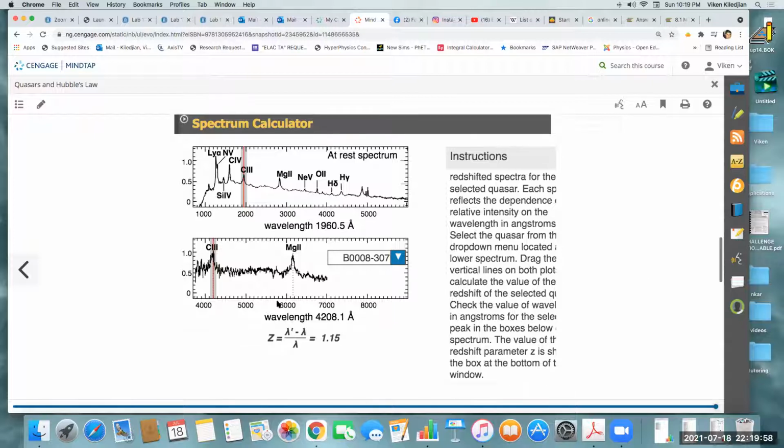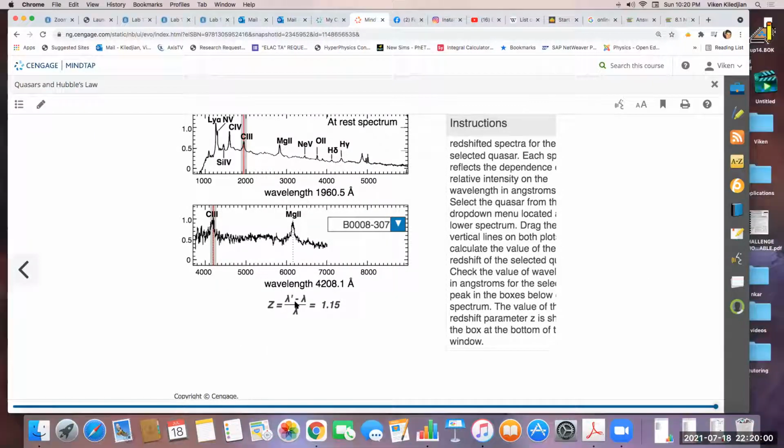And then show your work for how you're getting this. So when you're showing your work, you would actually put this number that shows here, 4208.1, and then you would subtract this number from it, and then divide by, and then show this number again down here. And then you should get the same answer that they're getting.